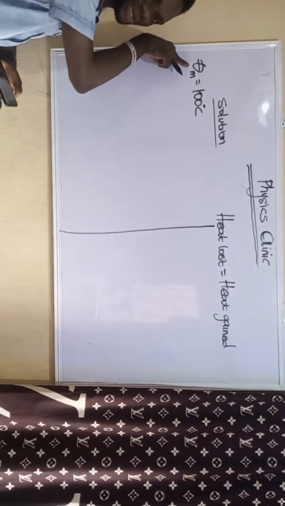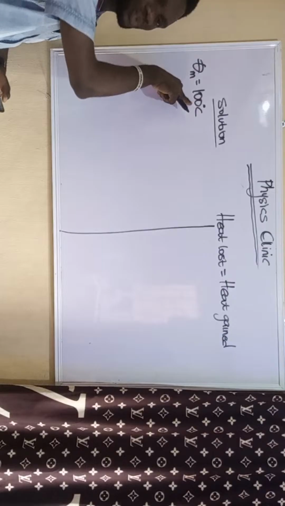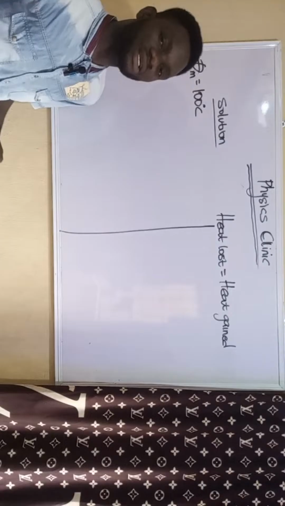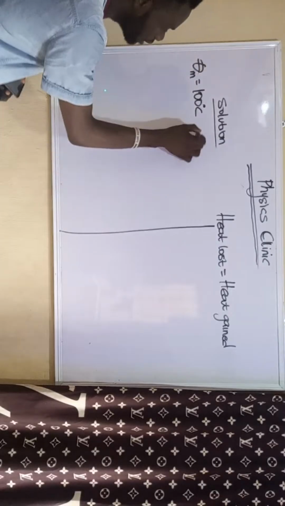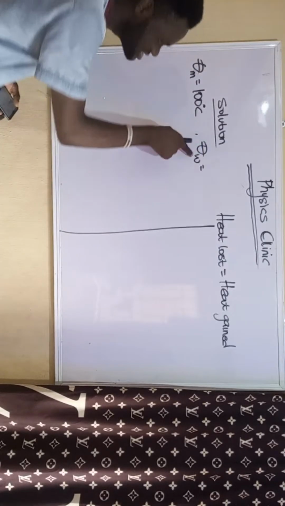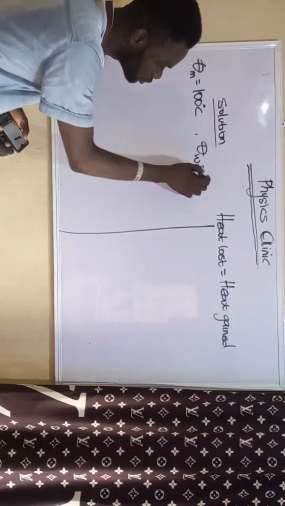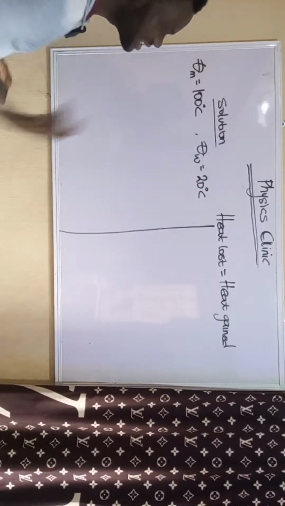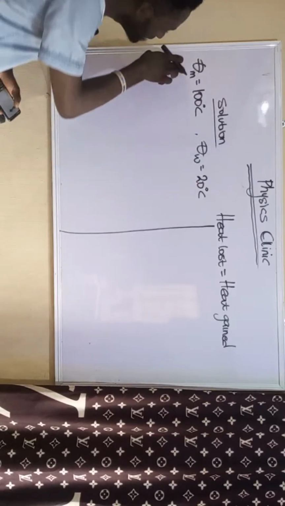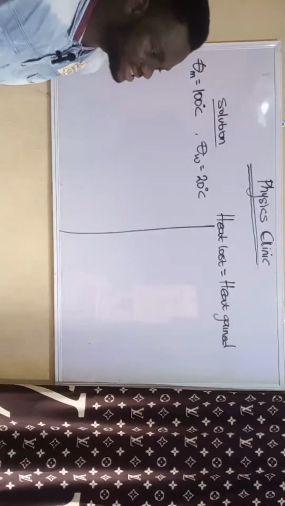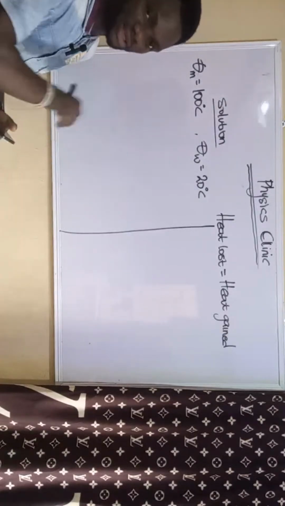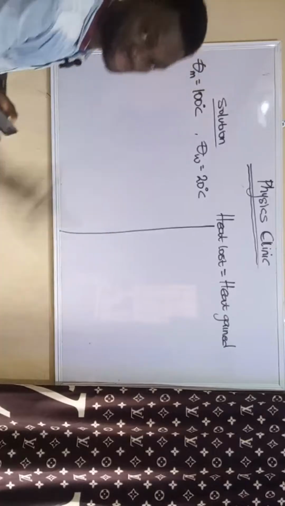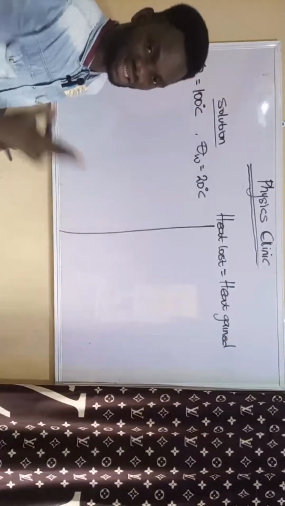Then the 400 grams of water is at 20 degrees Celsius, so our theta W, the initial temperature of water, was given as 20 degrees Celsius. From the temperature values, we see clearly that the metal is at a higher temperature, and heat always flows from a body at a higher temperature to a lower temperature. So the metal is the body losing heat, while the water is the body gaining heat.